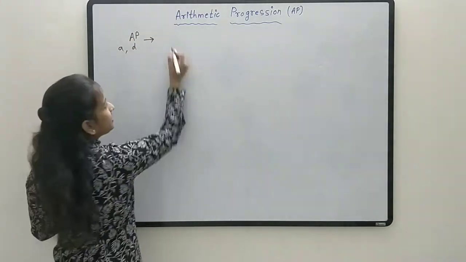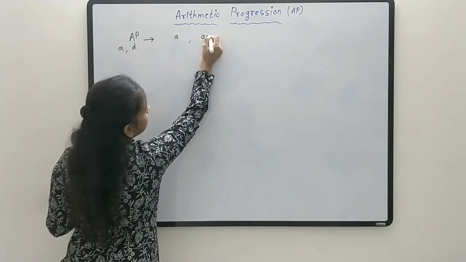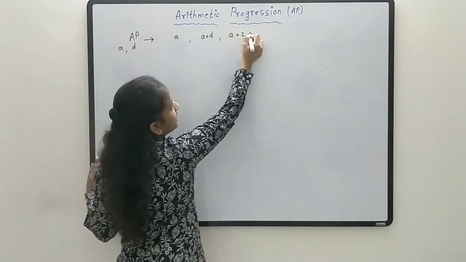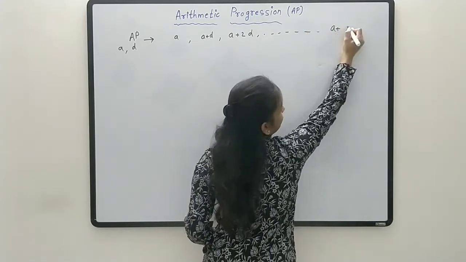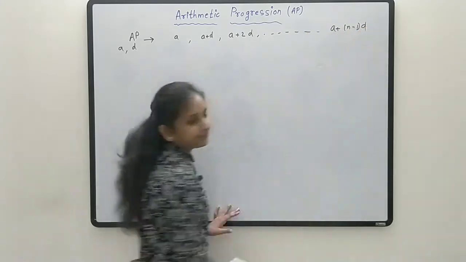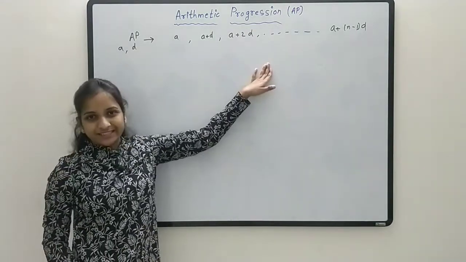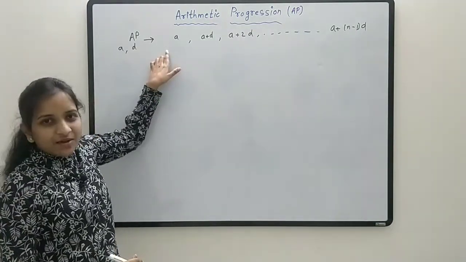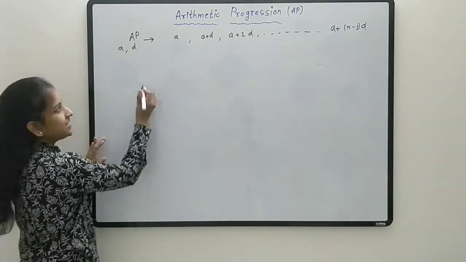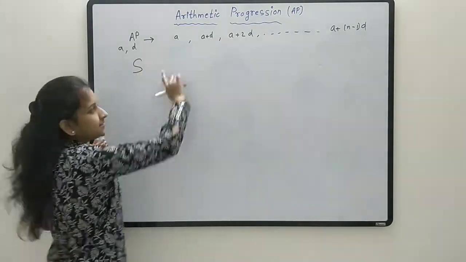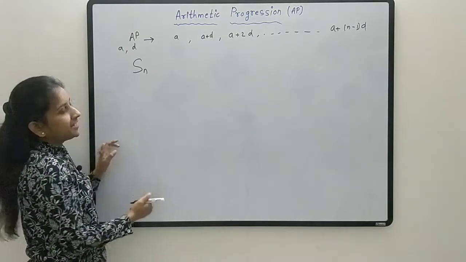Then AP series will be a, a plus d, a plus 2d, like this it continues till last term, nth term, a plus n minus 1 d. Okay, this is AP series. Now let's see what is the sum of these first n terms of AP series. Sum is denoted by S. Sum of n terms, so we are writing Sn.